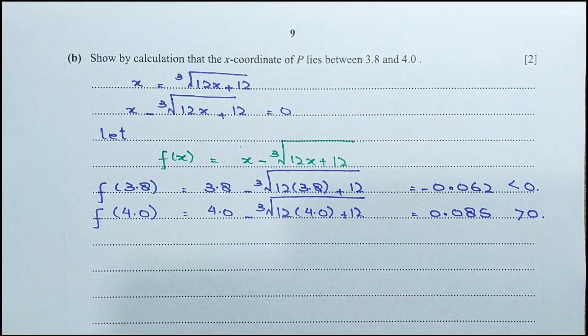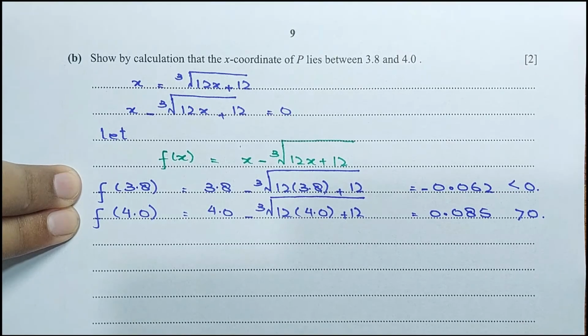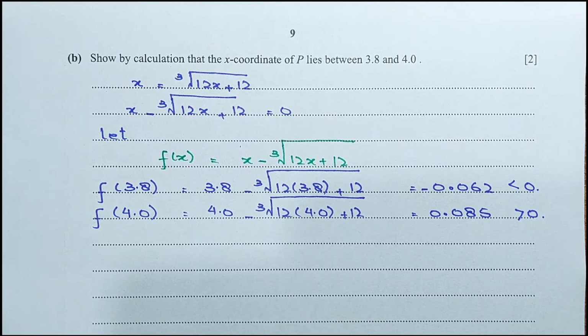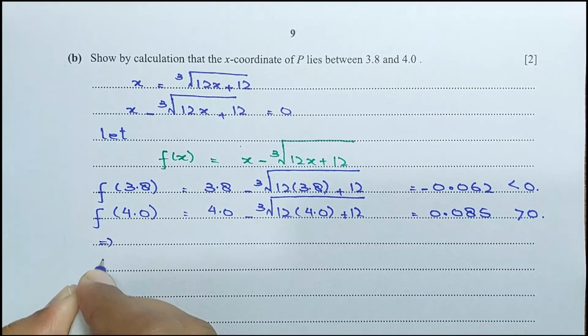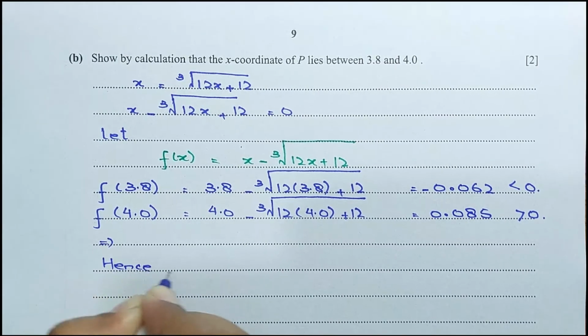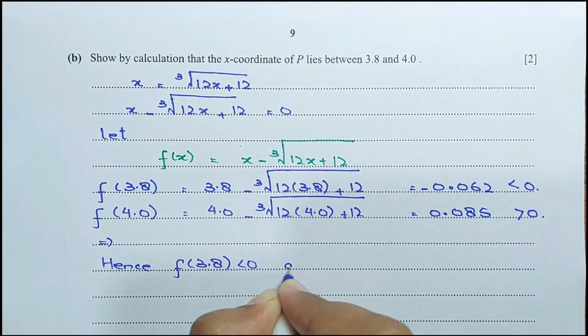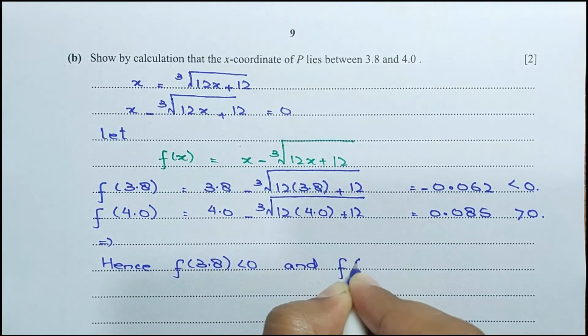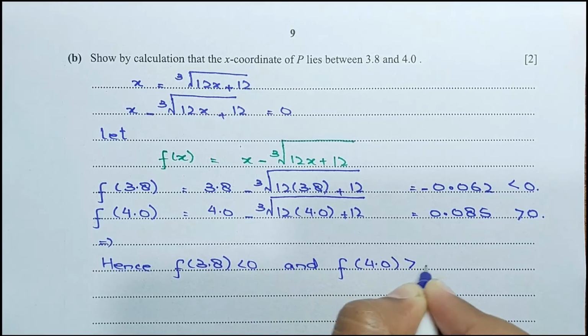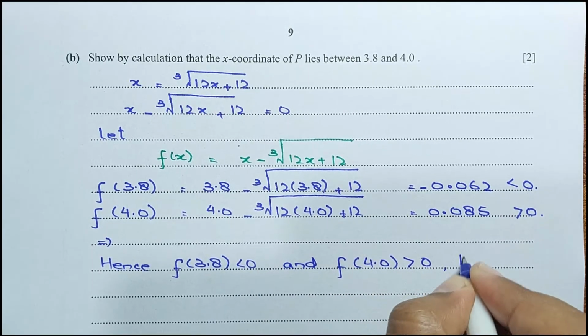As you can see, the sign change occurs here. Whenever we have a sign change between two values of x, it means there is a root between those two values. Hence f of 3.8 is less than 0 and f of 4.0 is greater than 0. There is a sign change.